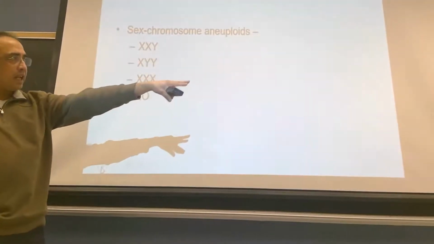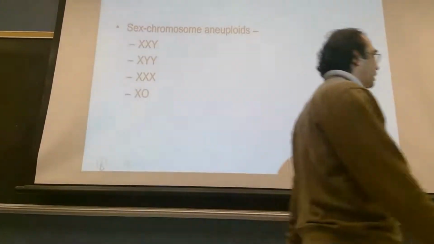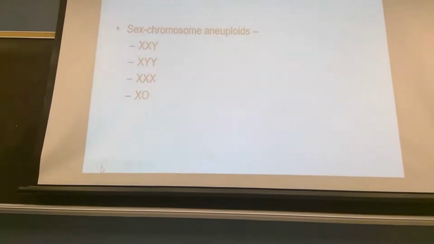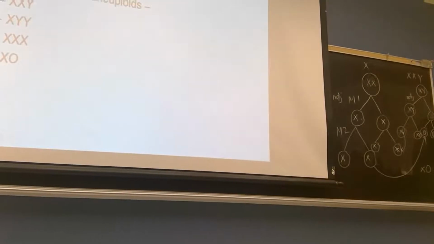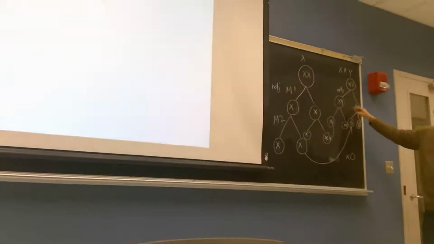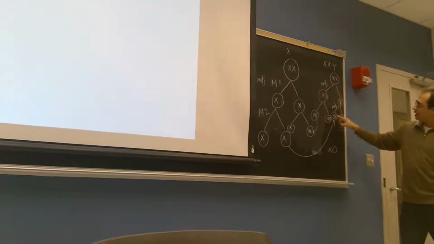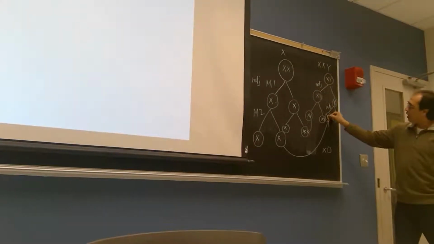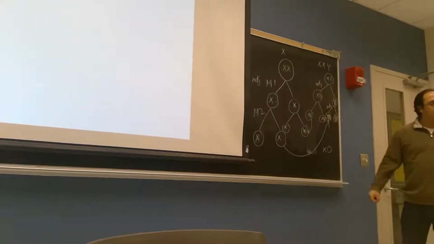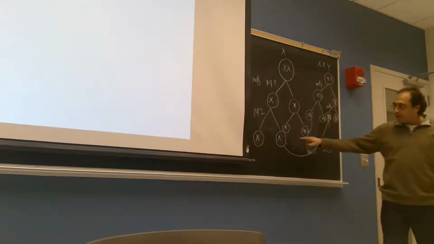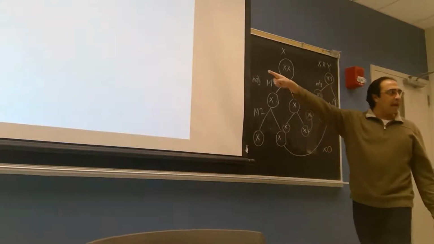Because in such a case, if there is a non-disjunction in the Y gamete, we can form here 2 Y chromosomes. Suppose this is X and this is Y, and here is non-disjunction. Then we'll find YY condition. If that YY gamete fuses with X, we'll find XYY condition.